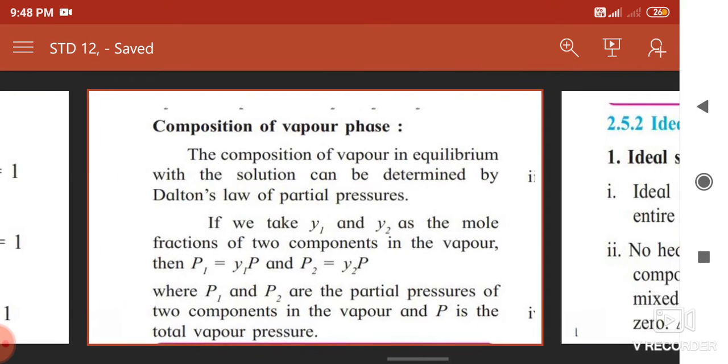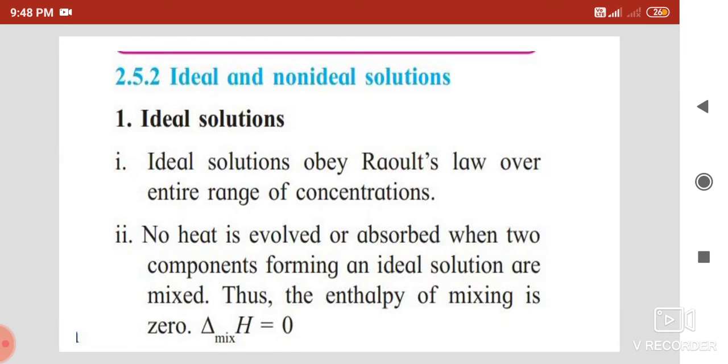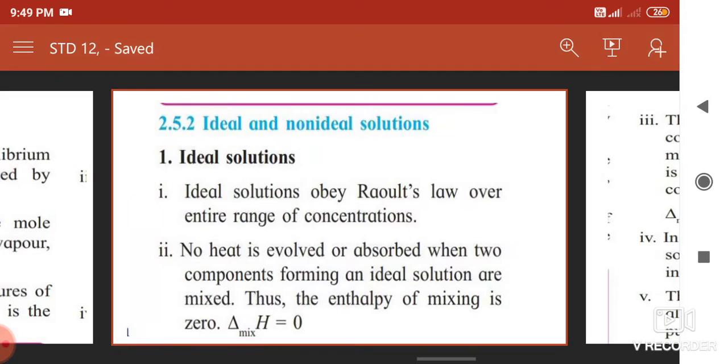Then afterwards, we have the ideal and non-ideal solutions. Ideal solutions obey Raoult's law over the entire range of concentration. No heat is evolved or absorbed when two components forming ideal solutions are mixed. So we can say the enthalpy of mixing is 0, that is delta H mixing is equal to 0.